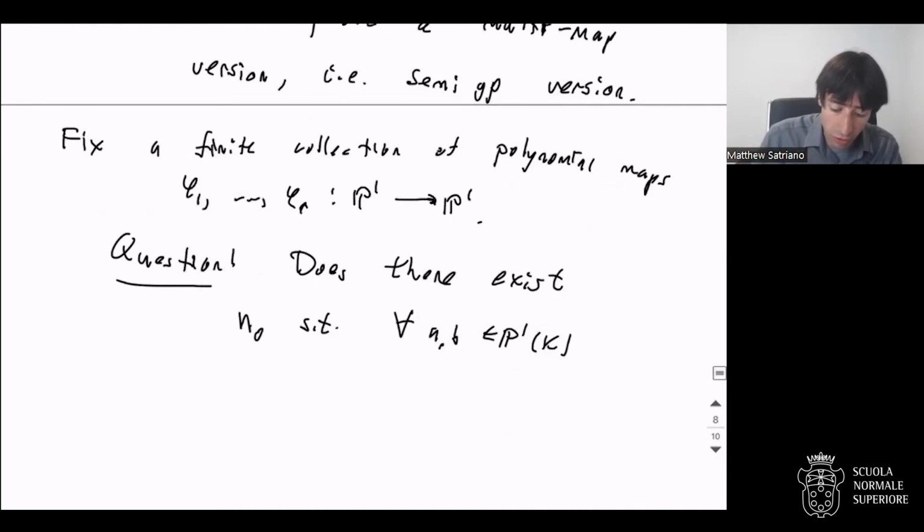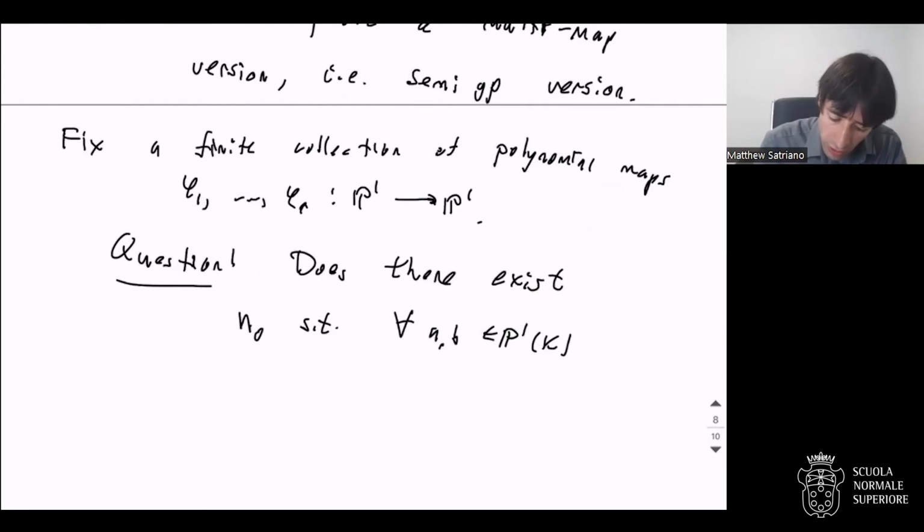And then you could ask, does there exist an n naught such that, so now rather than just considering iterates of a single polynomial or rational map, I'm allowed to just choose arbitrarily which phis I'm choosing, and can I cancel out a whole bunch of them?